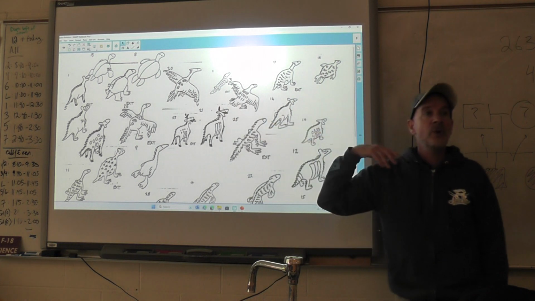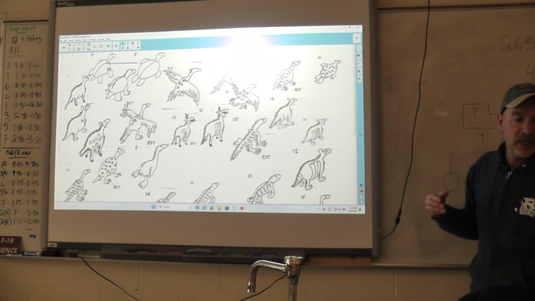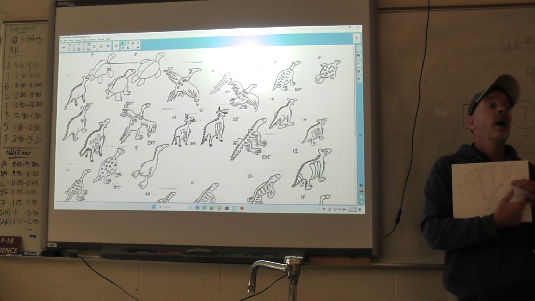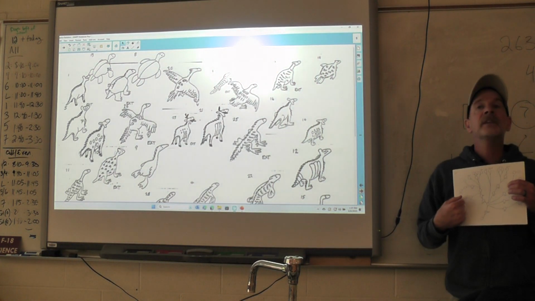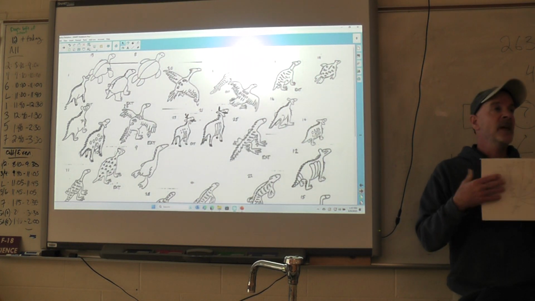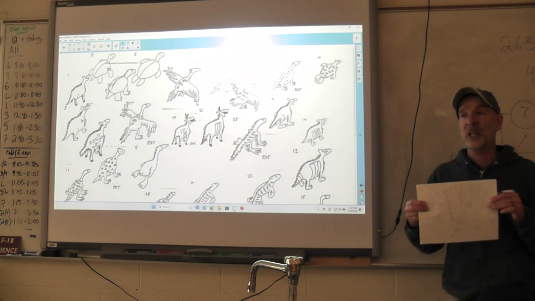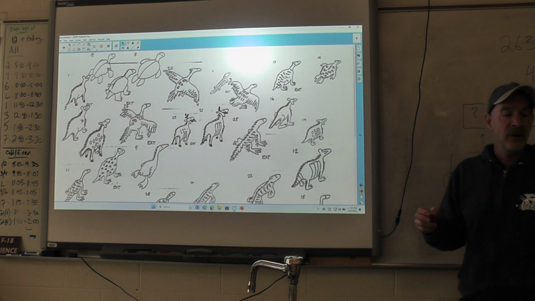And there is actually an outline of how they fit together. A paleontologist or a taxonomist wouldn't have this. This is what they would create, but this makes it a little bit more accomplishable for us. It's going to be a lot easier for us to pull this off with a guide in front of us.